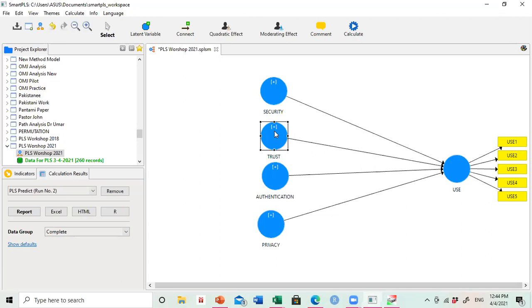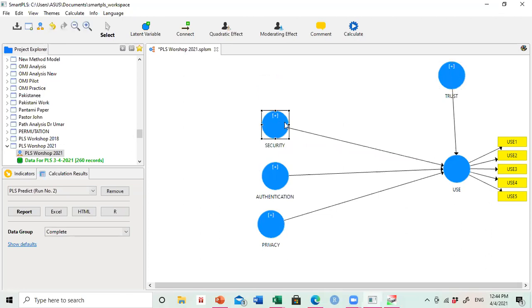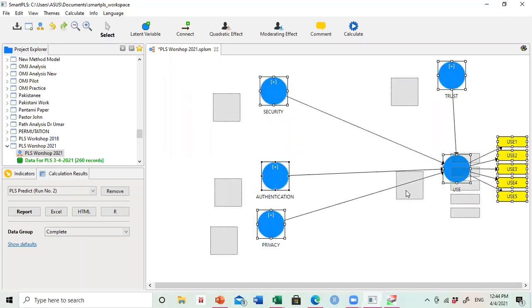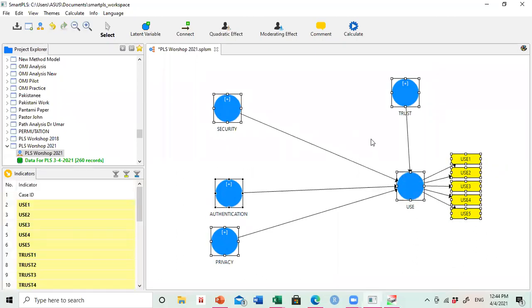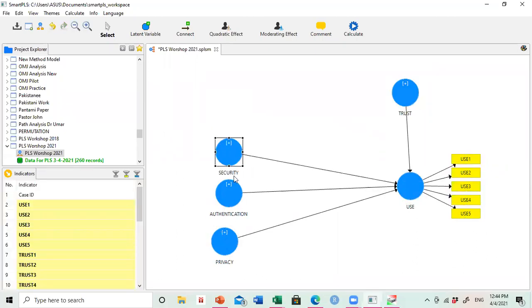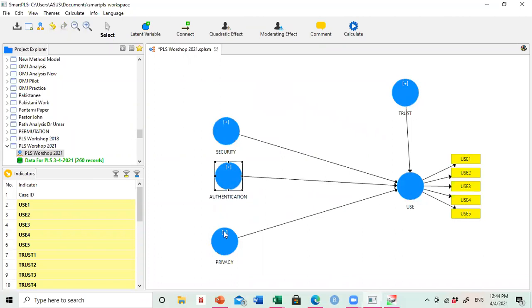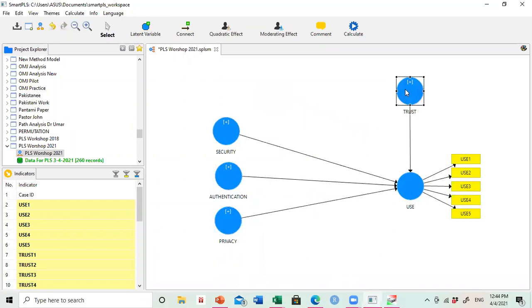Let's choose trust as our mediator, and it should make sense that it can really be a mediator. Okay, so we have three IVs now, and we have trust as our mediator.